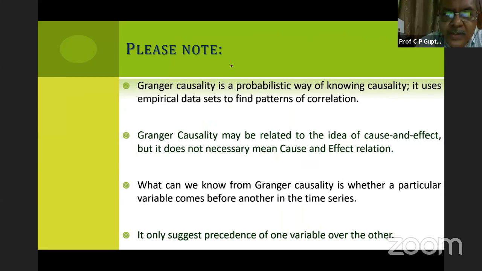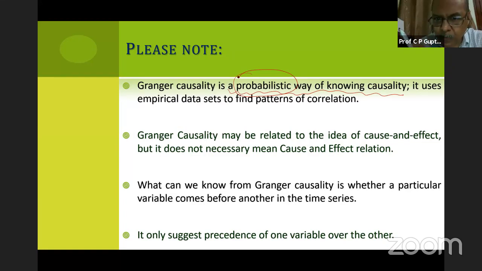Please note that Granger causality is a probabilistic way of knowing causality. Okay, what does probabilistic causality mean? Suppose you have a ball in your hand, you throw it up, what will happen? You will say naturally, obviously, it will fall to the ground. Will it be happening always? The answer is yes. That's a deterministic relationship because of the presence of gravitation in the earth. But Granger causality does not give you that deterministic relationship.